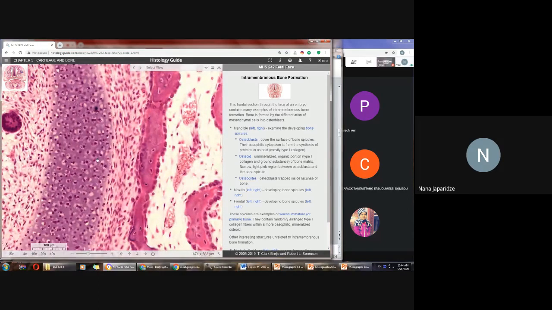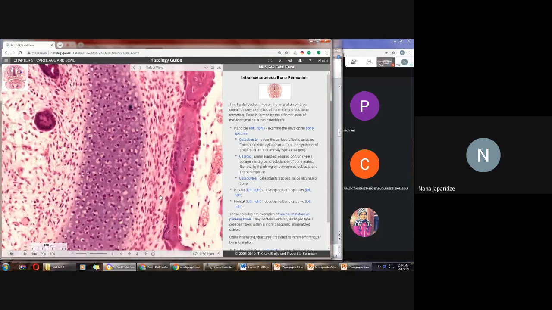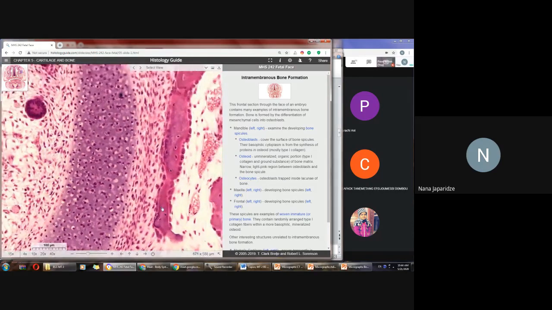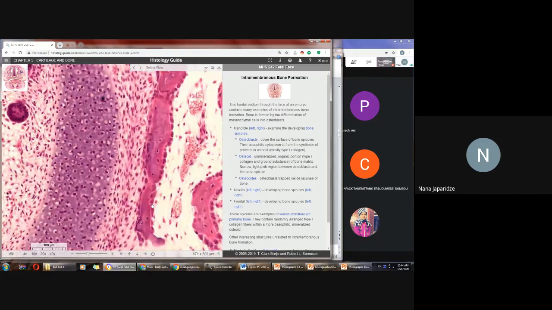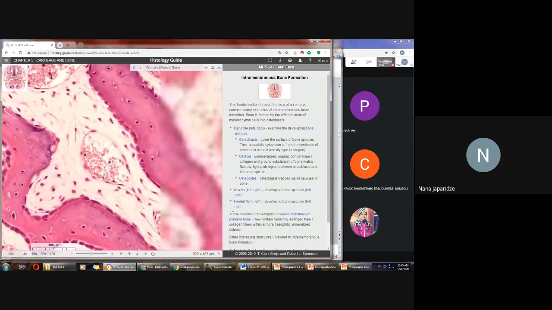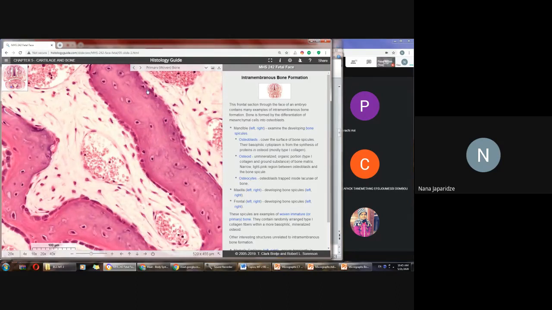You can identify here also different types of bone tissue, mature and immature. For example, woven tissue. So this one here, beneath the layers of osteoblasts, is osteoid, which is actually not the fully differentiated bone tissue. This is also not fully differentiated.